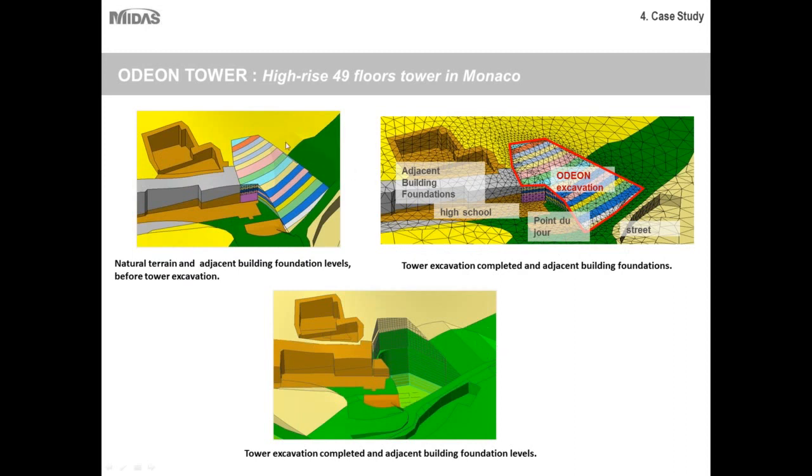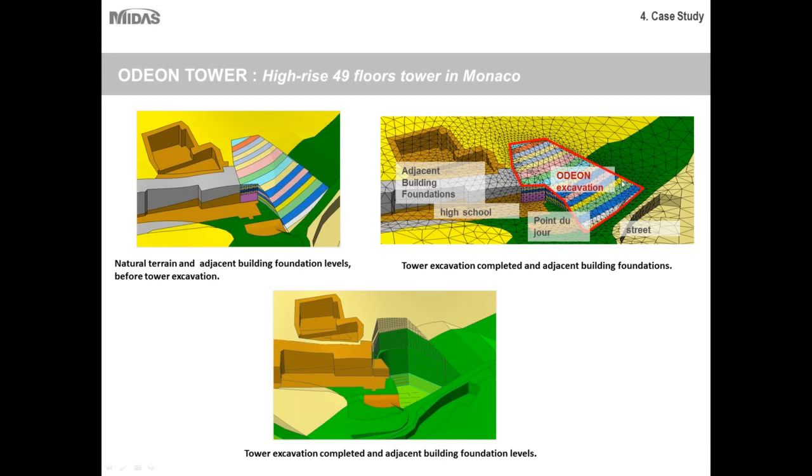We went over this part of the project before anyway, but it was done through construction stage analysis. They were able to divide all of these different layers into sections, and see step by step how the surrounding soils were affected by the excavation. As you can see, there was a high school building nearby, as well as some adjacent building foundations and some streets.